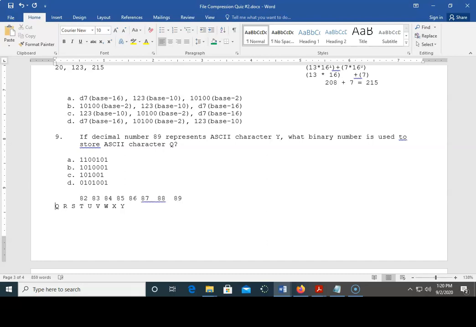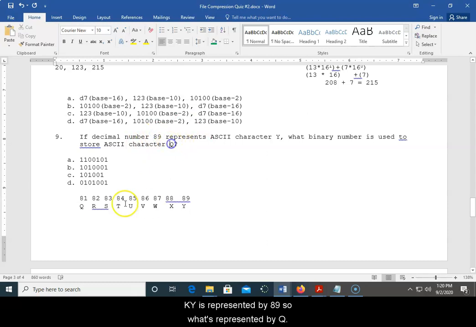Where are we at here? Let's see if we can do this. Q, R, S, T, U, V, W, X. I'm one off, so I need to do one more number. 81, Y. Okay, Y is represented by 89.